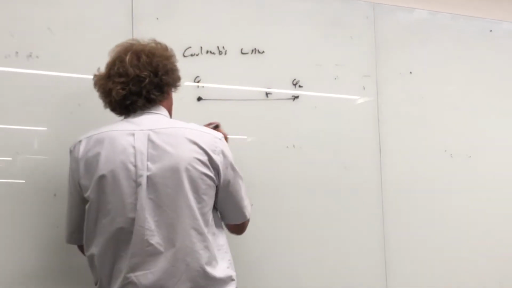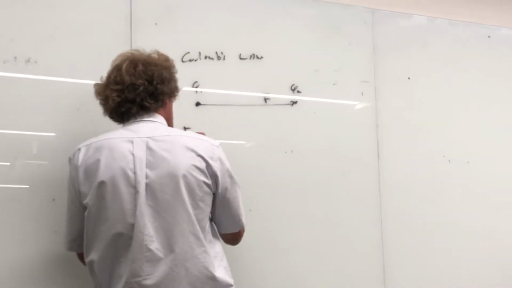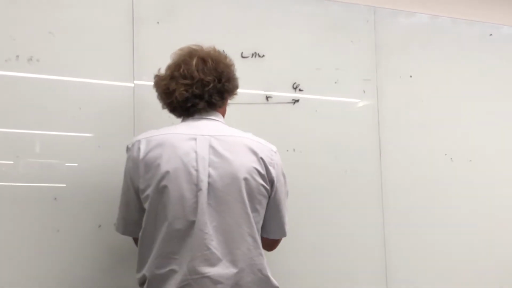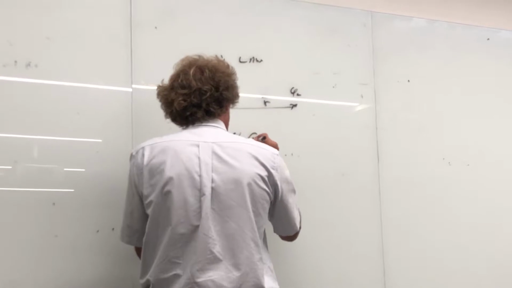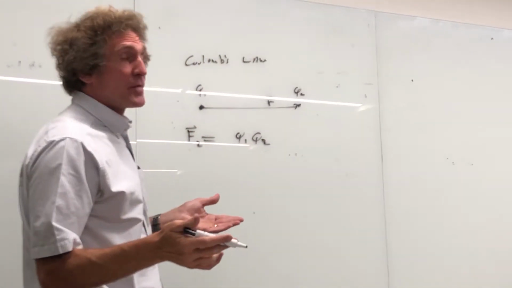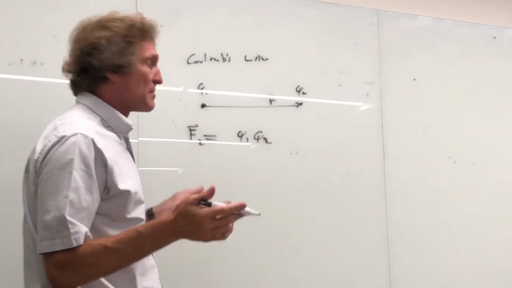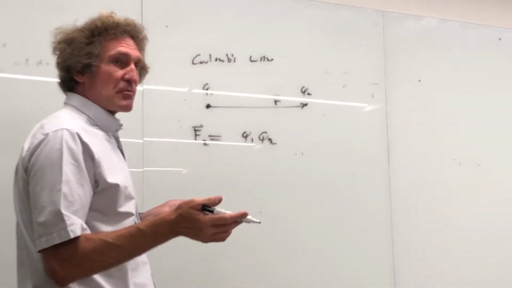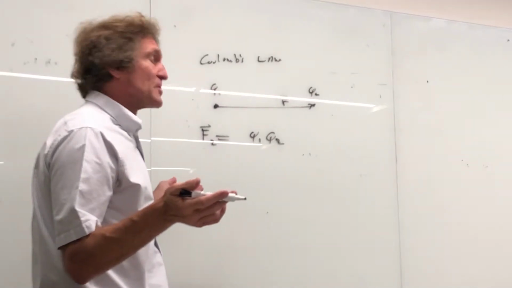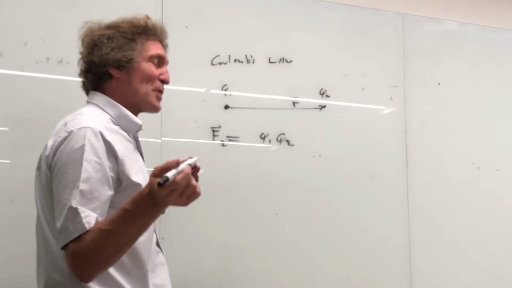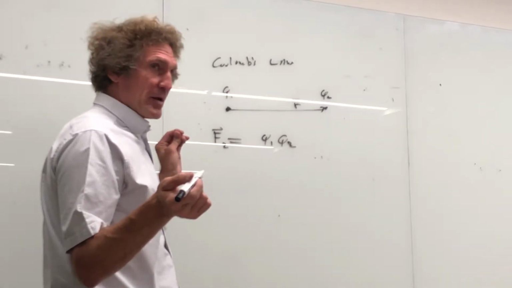Then I'm going to say that the force on charge 2 caused by charge 1 is equal to Q1 times Q2. Now, we're multiplying the charges. Remember, they have signs, so it could be a plus and a minus, or 2 pluses or 2 minuses. The general rule of thumb is opposites attract, likes repel.